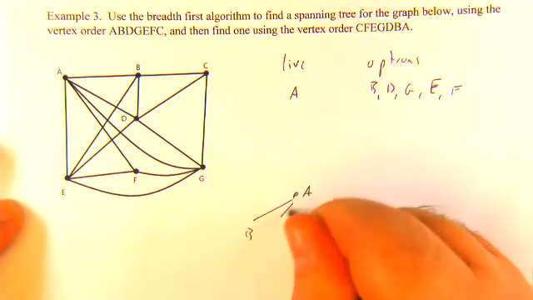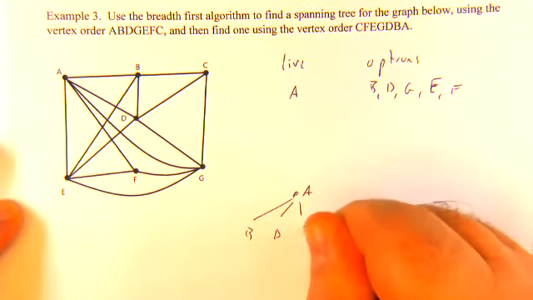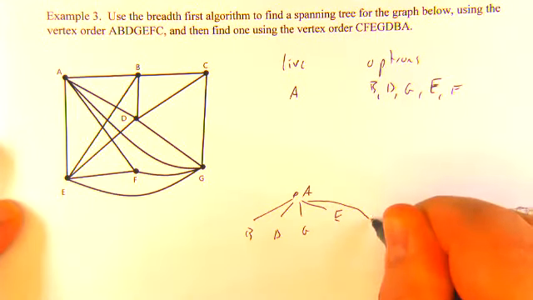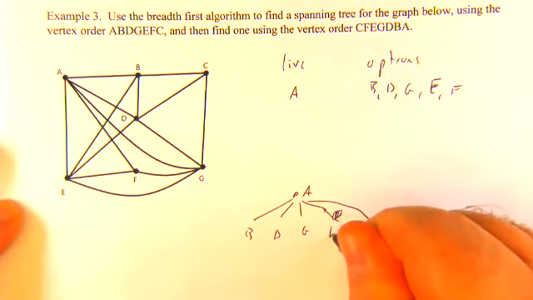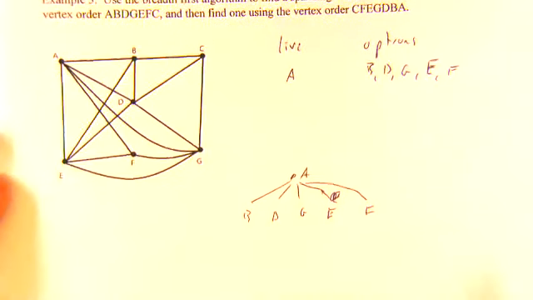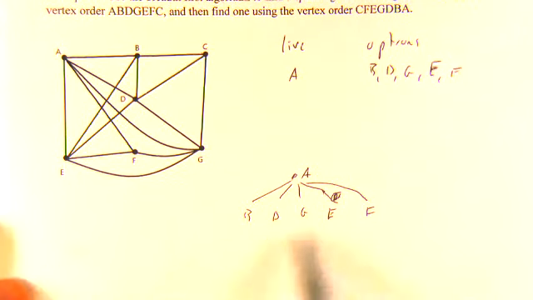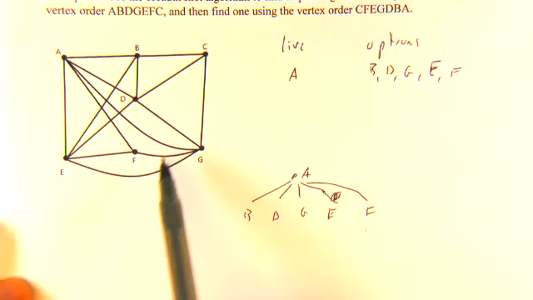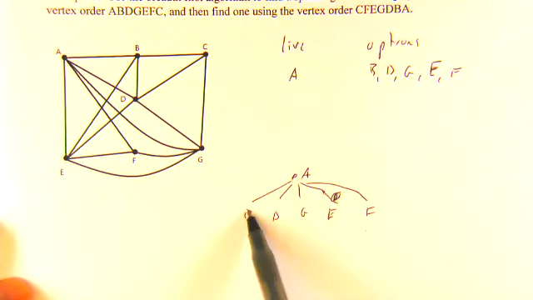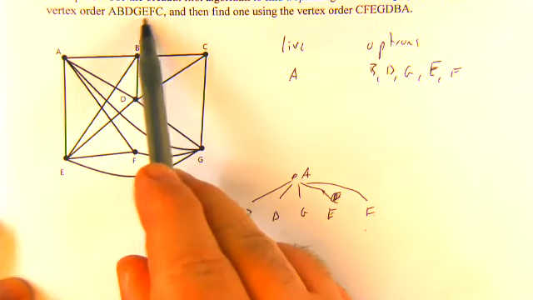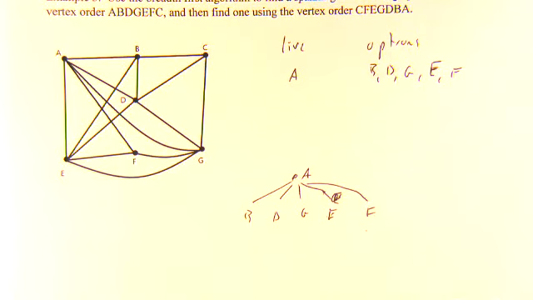So B, D, G, E, and F. So there's our start of our tree. We just put on all the options. So now I have 5 different places to go because I haven't gotten all my vertices on there yet. I've got 6 vertices, and there's 7 possibilities.